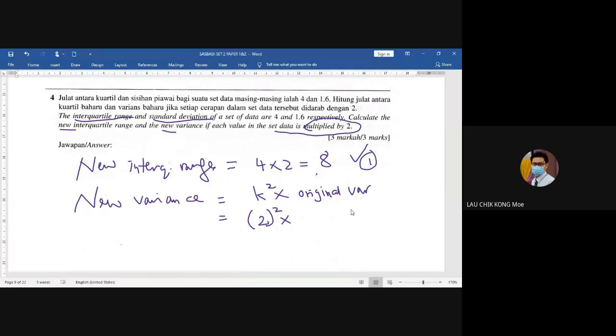You are given the standard deviation. Okay, so also kalau dia bagi standard deviation, you need to square first. Maybe you can find the original variance first. Original variance is 1.6 square because you are given the standard deviation. Okay, so you will get the answer 10.24.